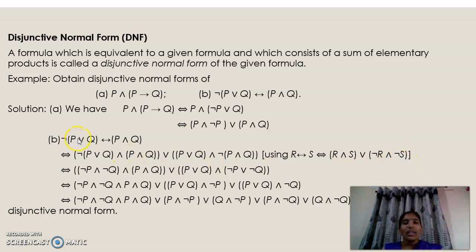The same we apply here. After that, is there any negation in front of a formula? Here negation is there, so you have to apply De Morgan's law. After that, apply the distributive law. After that, the disjunctive normal form, DNF, is reached.